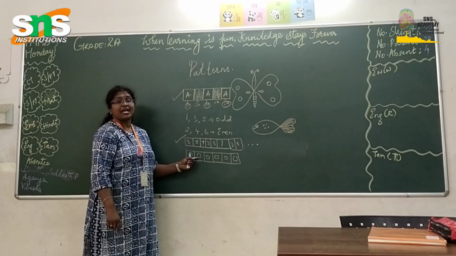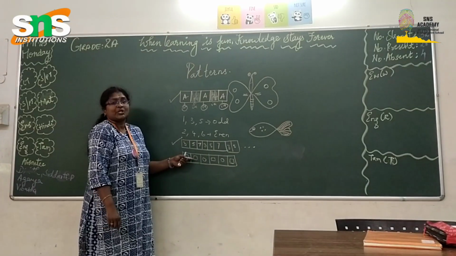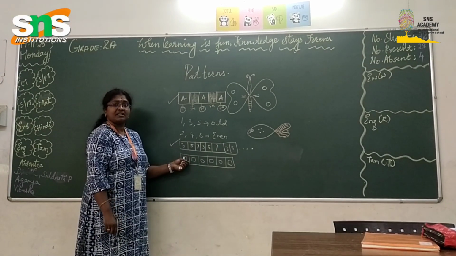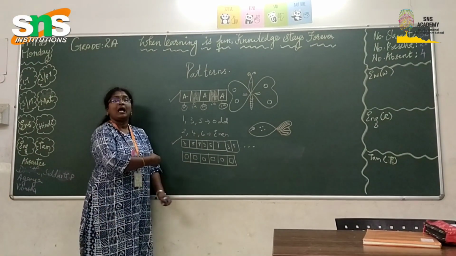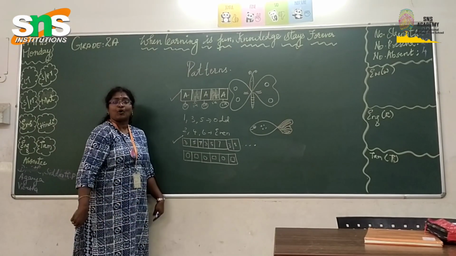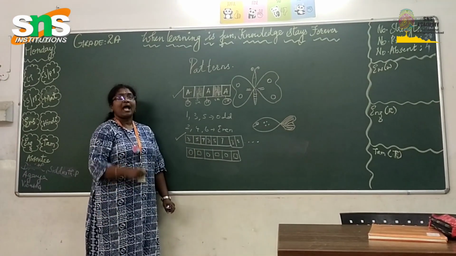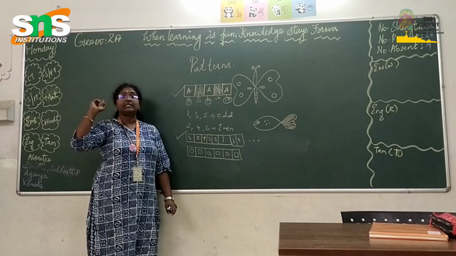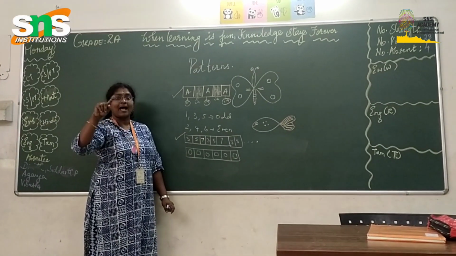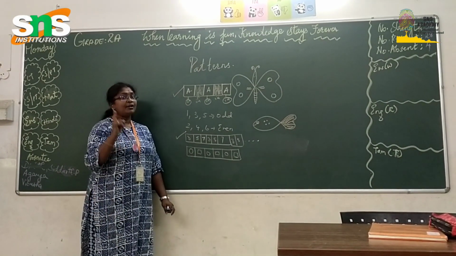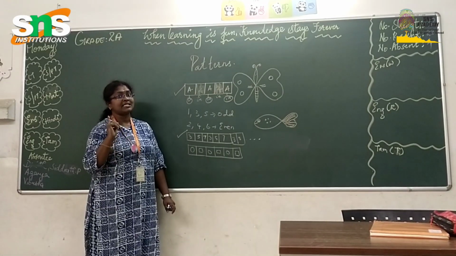You can see these shapes in your mother's saree. And instead of shapes, they will also have birds, flowers, and all those things repeated on Amma's pallu and on all those borders. If you check, children, you will definitely find patterns. For example, your curtains at home will also have some patterns. Today, everyone should go and check your curtains at home.